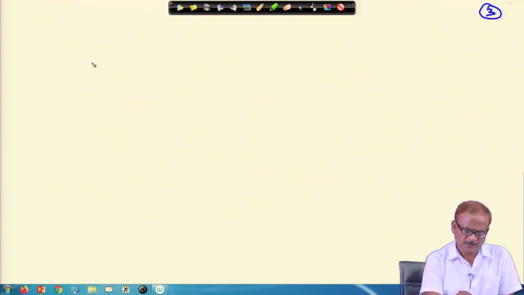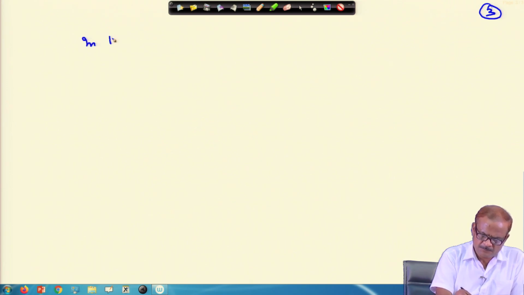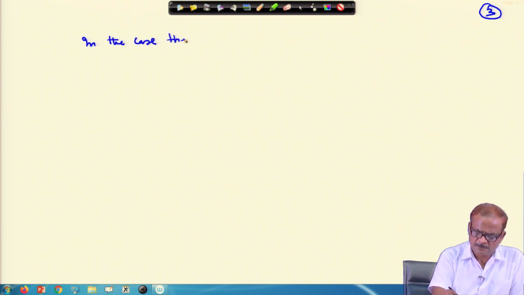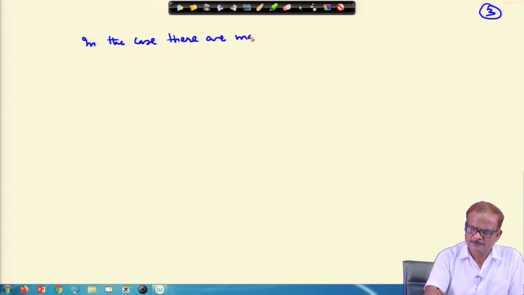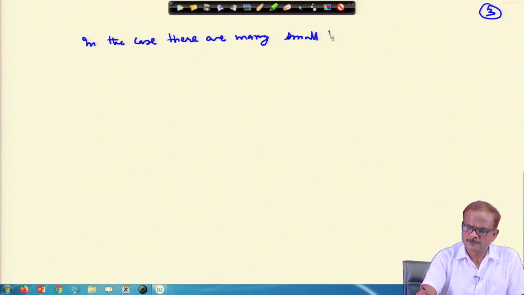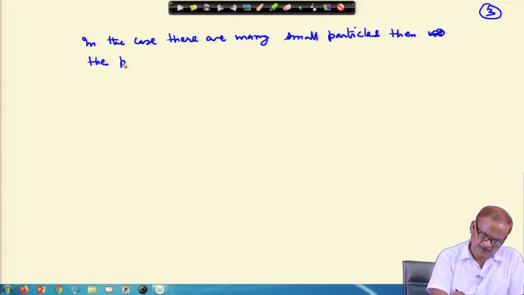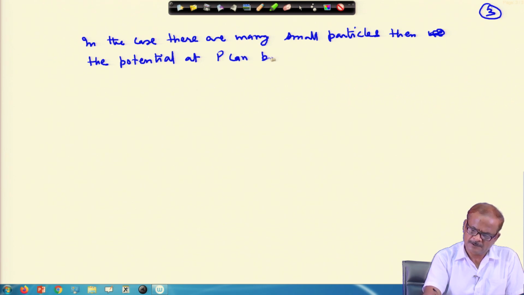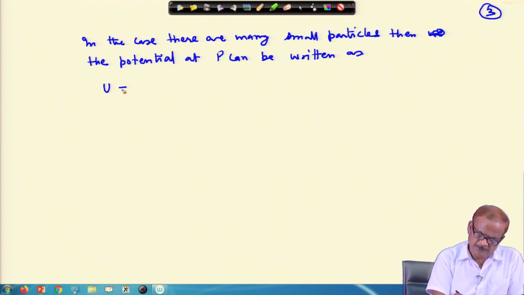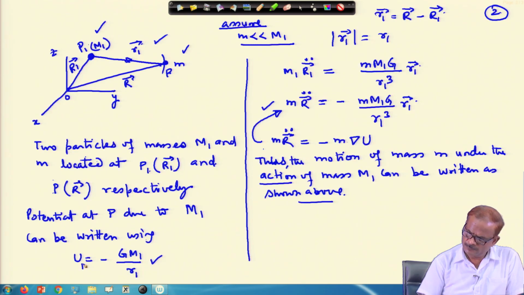Now, in the case there are a number of masses, many small particles, then the potential at P can be written as u equal to, or we can write here just like the u1, to represent it better.